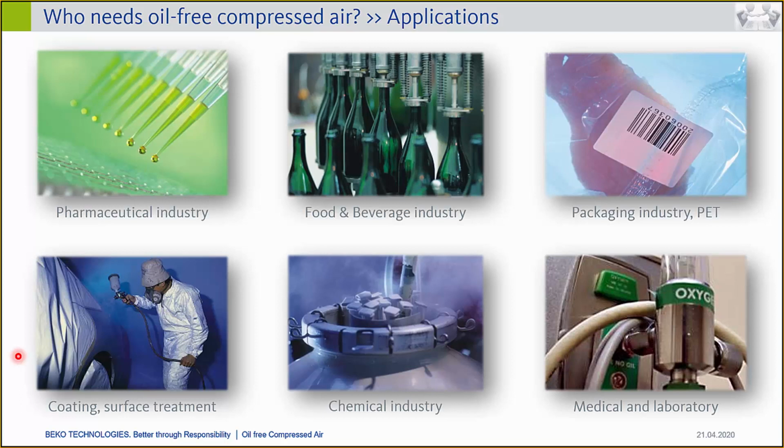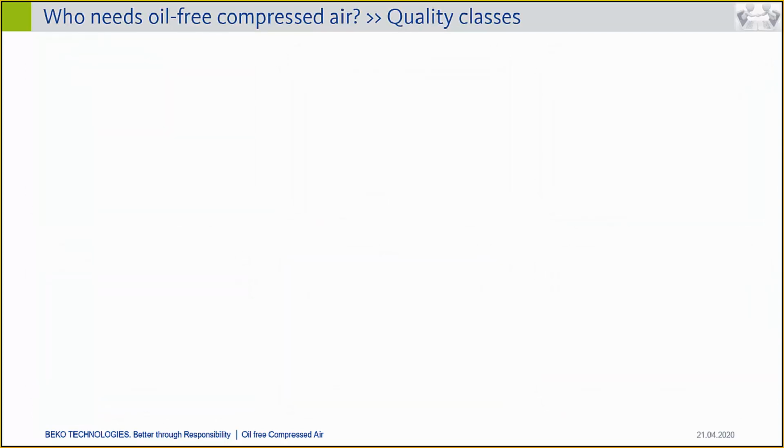So you could generally say that when products are produced with compressed air, they require a certain quality class on a high level. And this is particularly true for the oil content. So what about the quality classes themselves? The quality classes in terms of oil may vary for the same application.